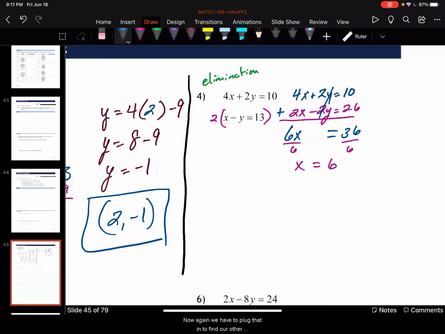Now again, we have to plug that in to find our other answer, our second part. I'm going to plug into my original second equation. So I would have 6 minus y equals 13. Then we will subtract 6 on both sides.